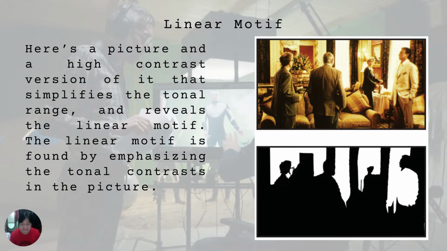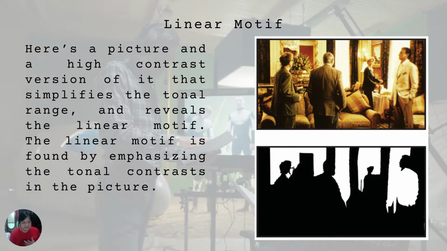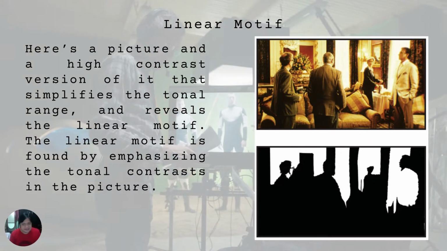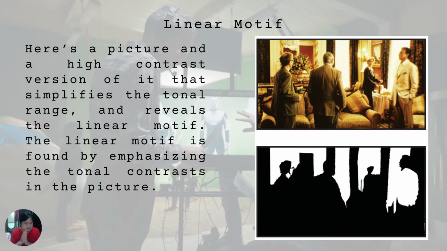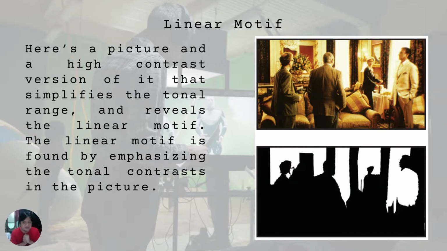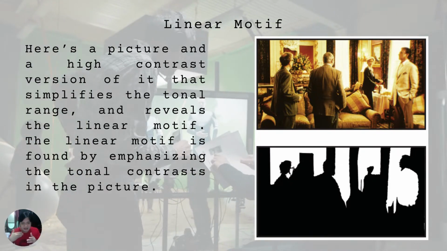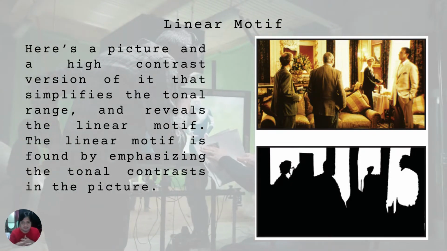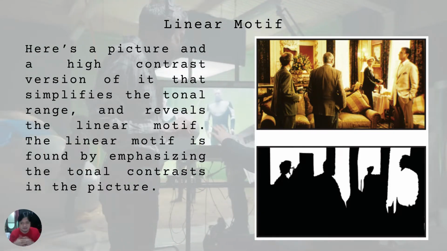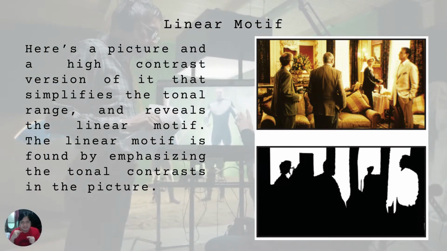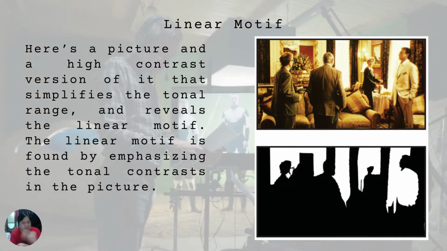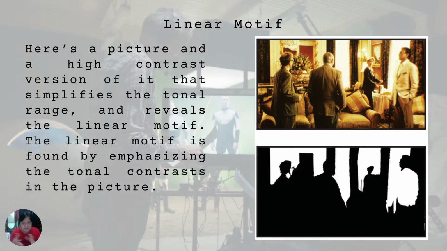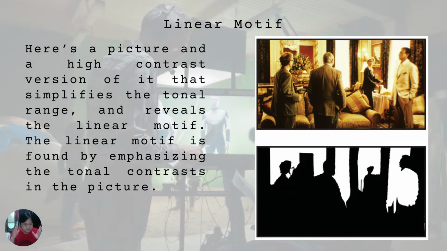So again, these lines, the shapes, and the linear motifs can actually be controlled by the filmmaker. In this example, you can see your subjects conversing together. But that's not all. We can add more visual elements to it by putting it into a certain set.